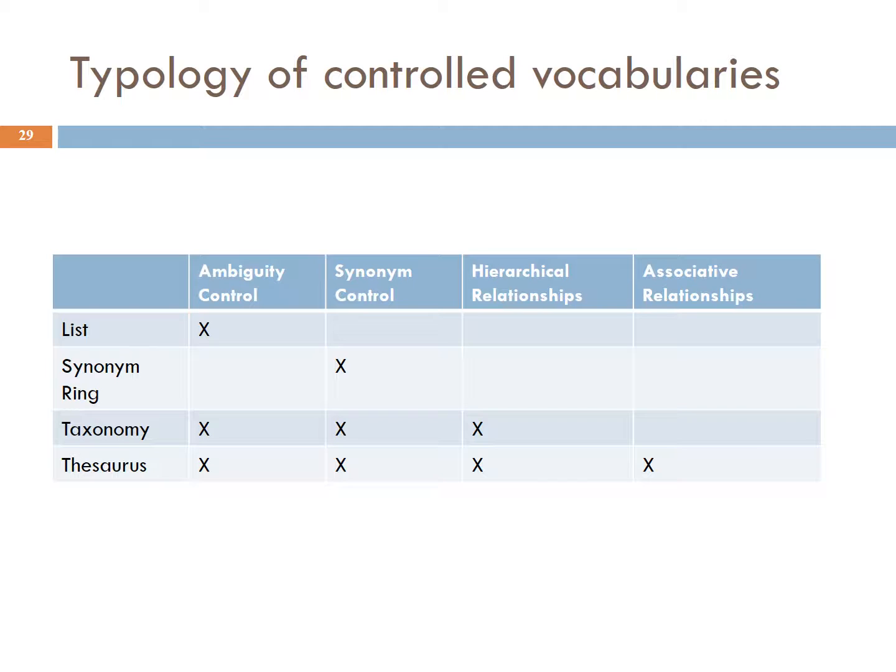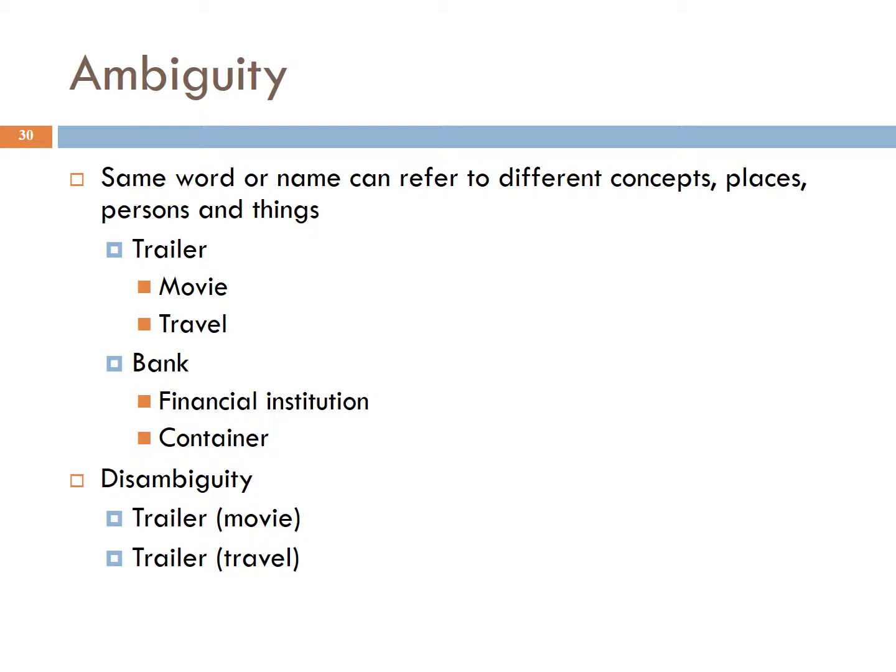So let's look now at the options that are available to us when considering controlled vocabularies. First, however, we need to review the first two characteristics that I mentioned, ambiguity and synonym controls, and then we'll take a look at hierarchical and associative relationships. Remember that ambiguity refers to the fact that the same word or name can refer to different concepts.